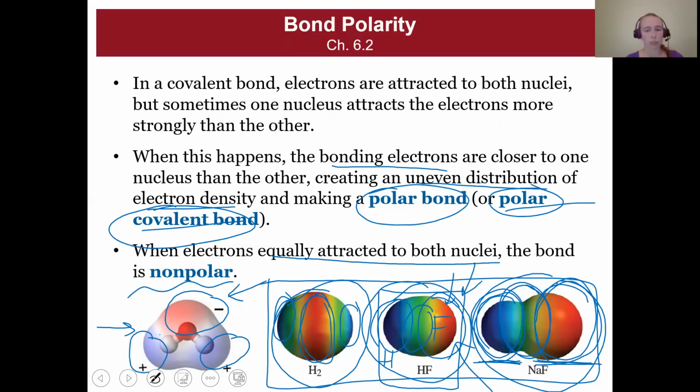So oxygen and fluorine are both more electronegative than hydrogen, so they pull the electrons closer to themselves and further away from the hydrogen.